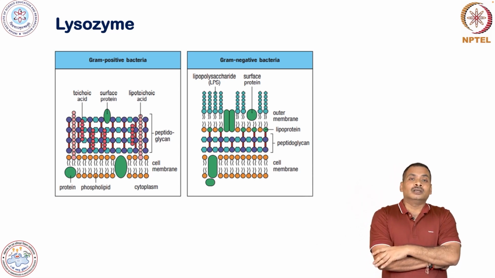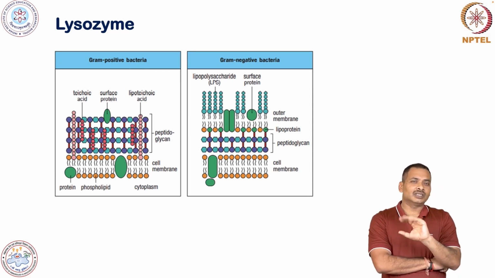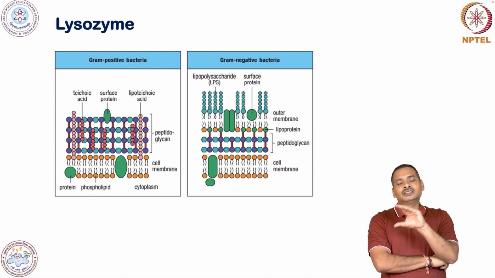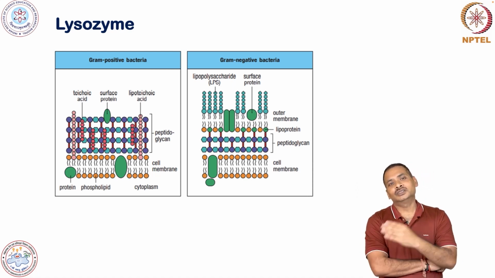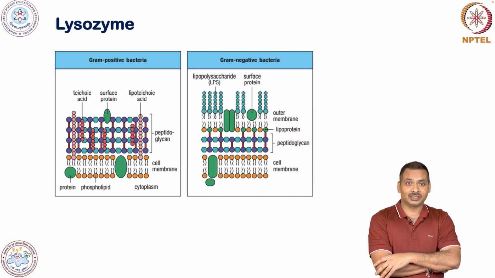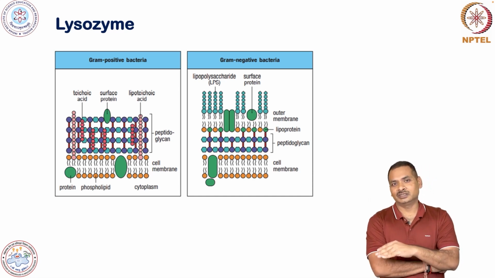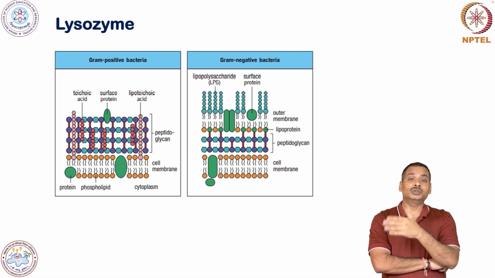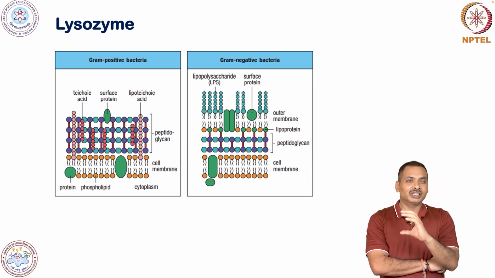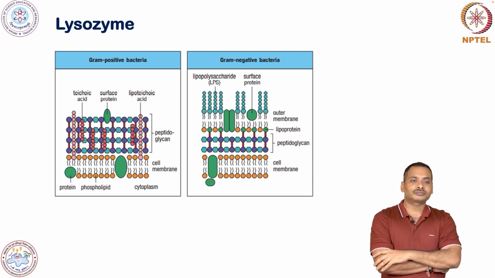Okay, and gram negative bacteria have one more additional structure which we call the outer membrane. Here you can see there is an outer membrane. Okay, and this outer membrane contains the most immunopotent molecule, which we call lipopolysaccharide. Okay, so this lipopolysaccharide is present in gram negative bacteria, as you might know from previous classes, that gram negative bacteria have an outer membrane, and this outer membrane contains the lipopolysaccharide.